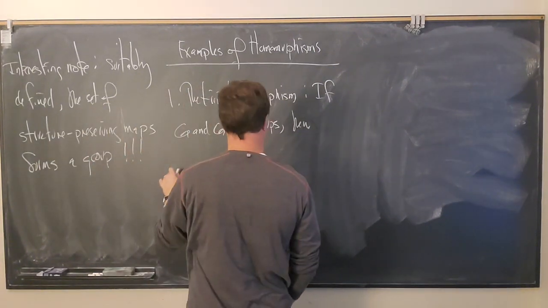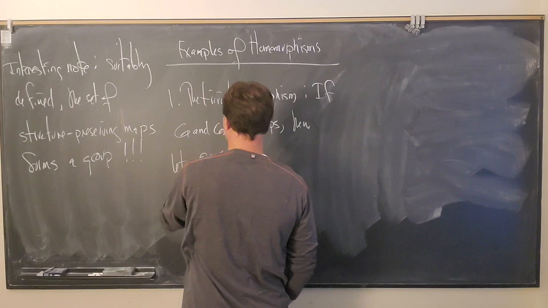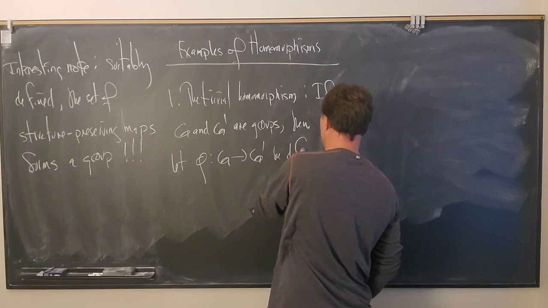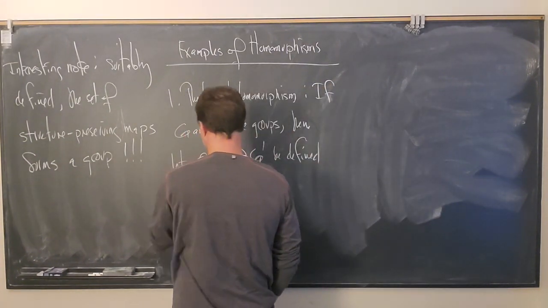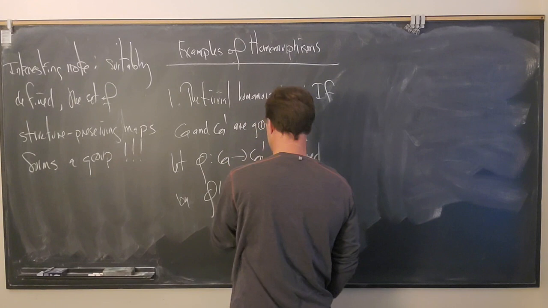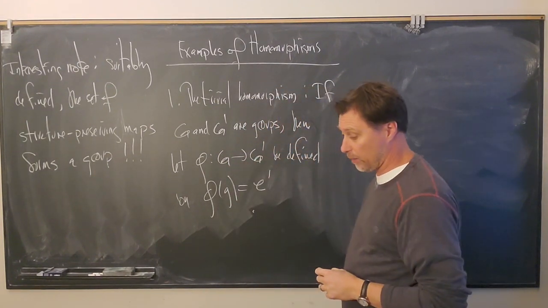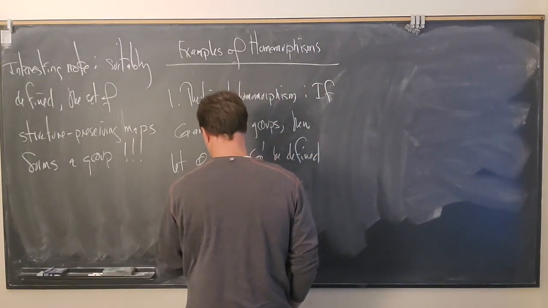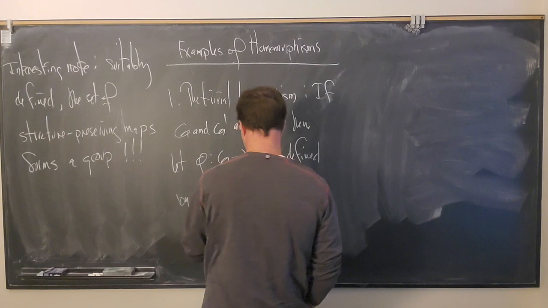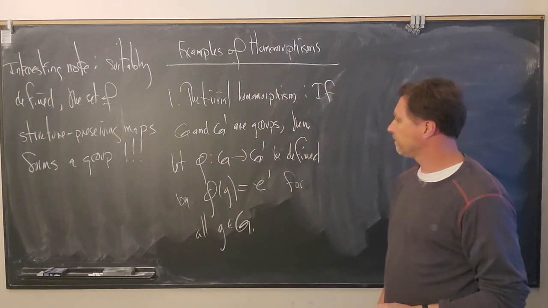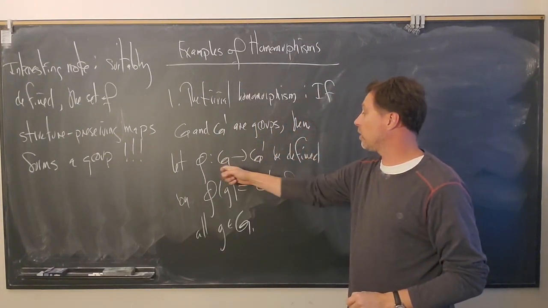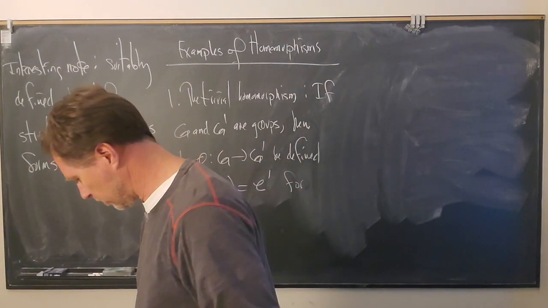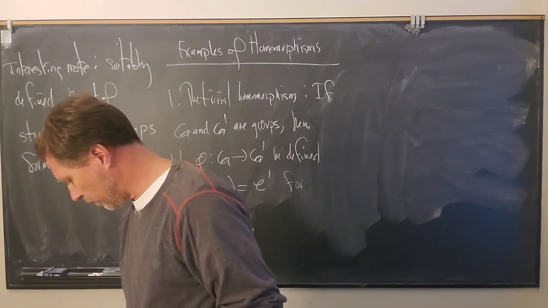Let phi from G to G prime be defined by phi of little g equals the identity in G prime, for all little g in capital G. Take everybody over here, send it to the identity. I'm not going to verify any of these. I'll let you go through the details, but it turns out that this is a homomorphism.